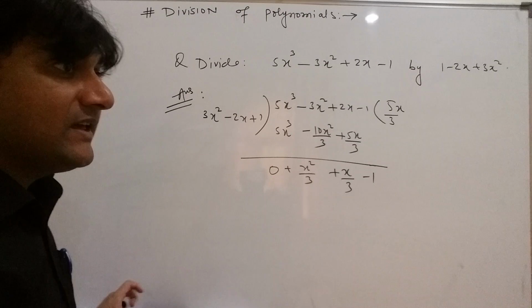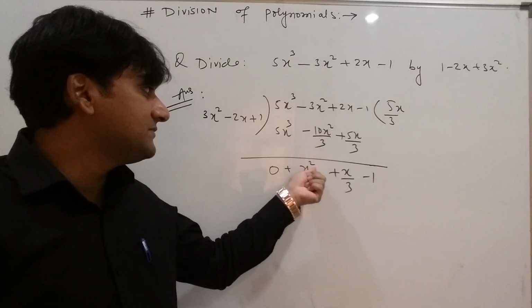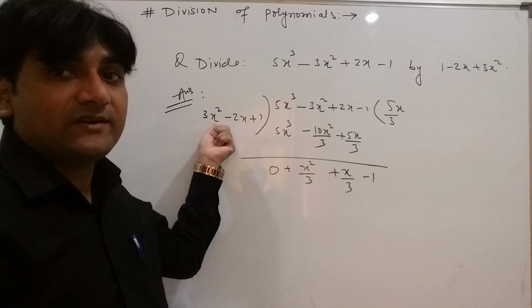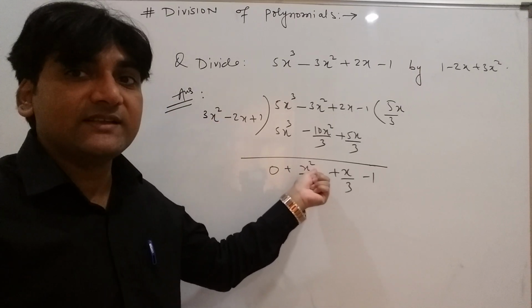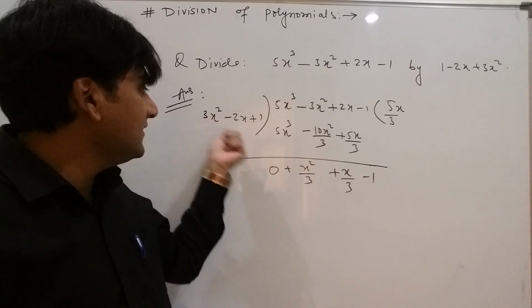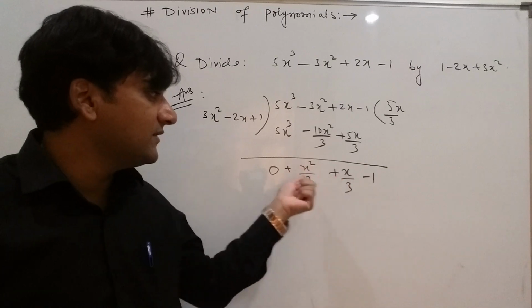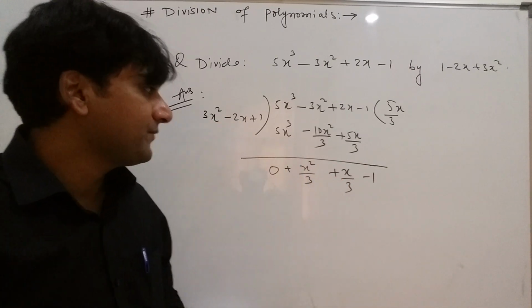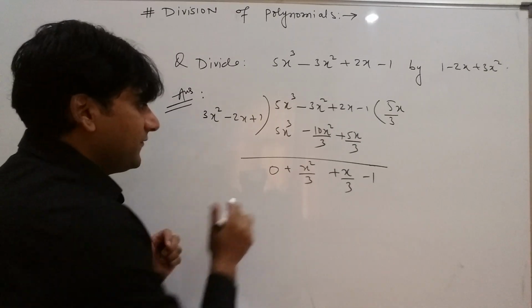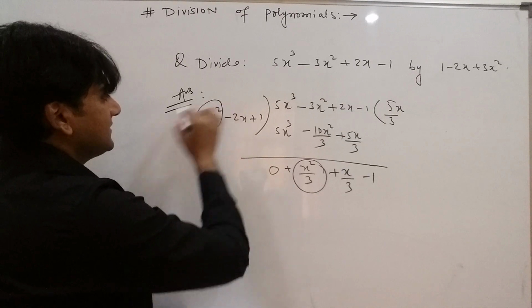Okay? We can divide until we get less power than 3x squared. I mean over here, when this degree is greater than or equal to this one, then we can divide. So right now degree of this one is 2 and here is also 2, so we can divide it. So again you have to focus first this and this.